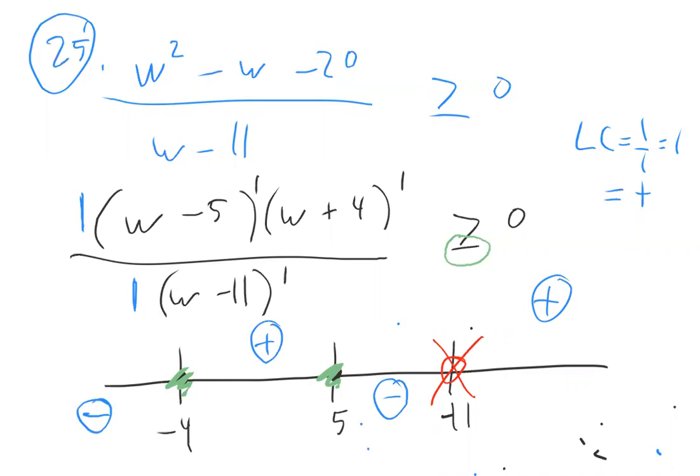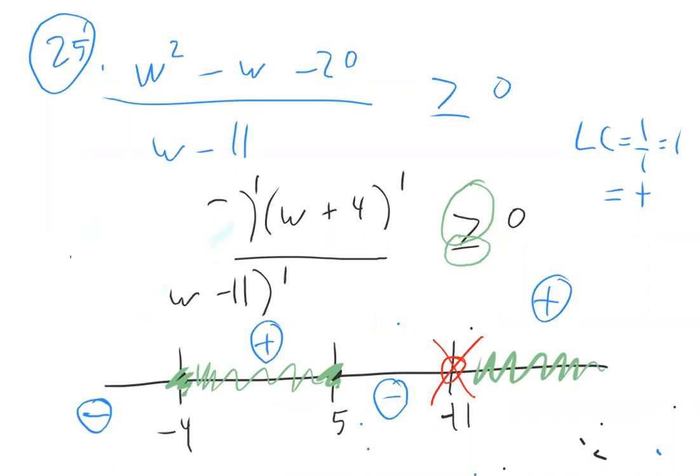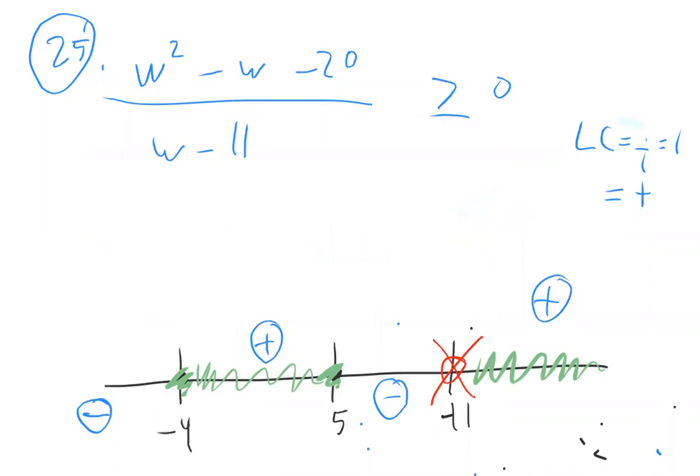Now, which part is greater than 0? Well, we want it to be greater than 0, which means we want it to be positive. So this part is positive, and this part is positive. So the solution to this problem is the parts that I've labeled in green. So what parts did I label in green? Let me erase some space. Oops, I'm sorry.